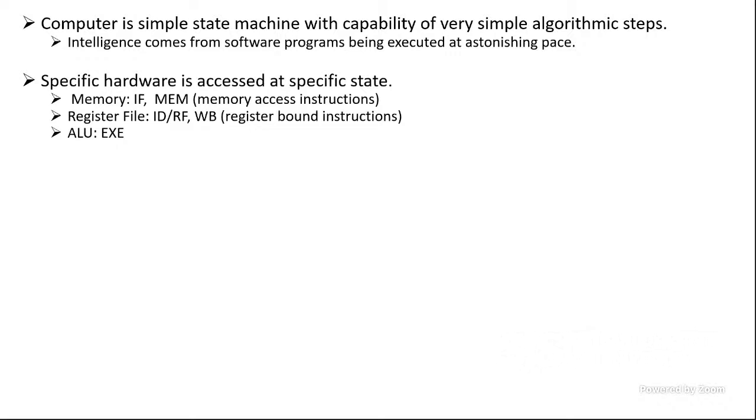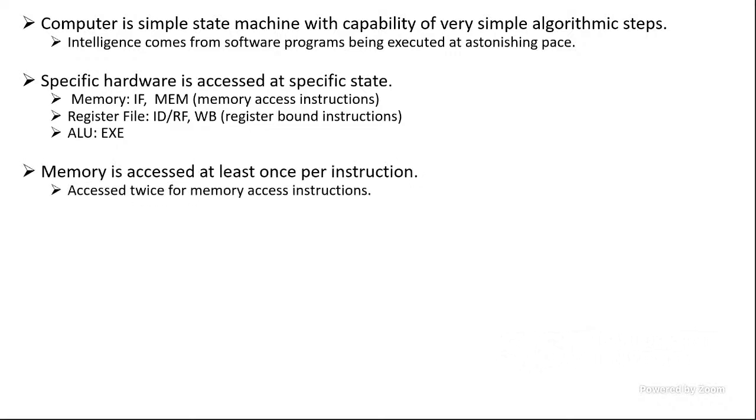And the next observation from that: memory is accessed at least once per instruction and is accessed twice for a memory access instruction. Sometimes people mix up and think that if it is not a memory-bound instruction, memory is not accessed at all.